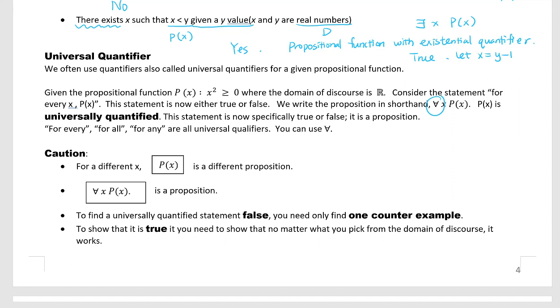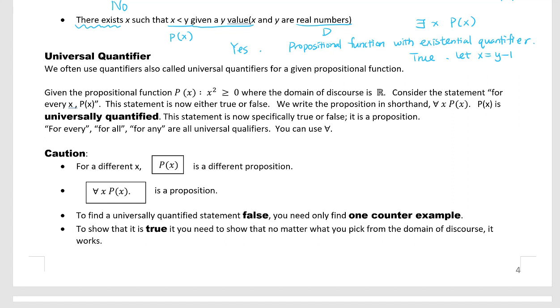It is a proposition. So, how do we show it's true? If p of x is satisfied for all the x in the domain, then this statement is true. If there is one x such that p of x is not satisfied, then the statement is false.